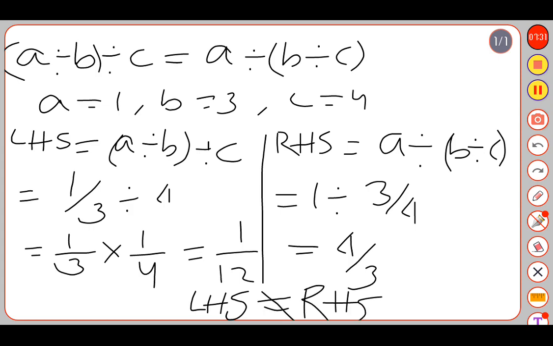So the whole numbers are not associative under division.